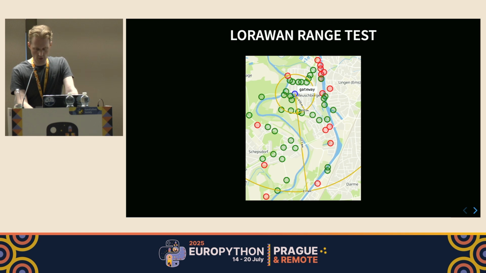I took a short walk to check where data transmission was possible, which is labeled green, and where it was not, which is labeled red. The range limitations began approximately here at 400 meters in a residential area, but extended beyond 2,000 meters in areas with mostly free line of sight.